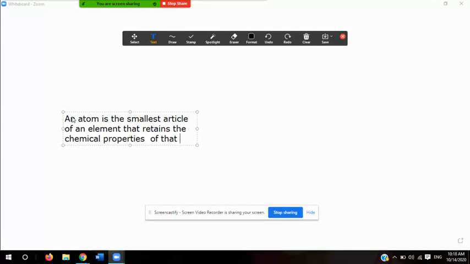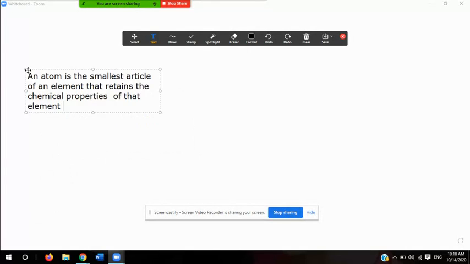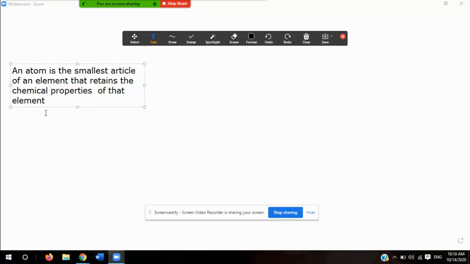So basically, that is the modern definition of the atom, right? And I say modern, but it's pretty old. It's just modern when you compare it to the way Dalton had originally defined the atom. So an atom is basically that part that helps an element maintain its properties.